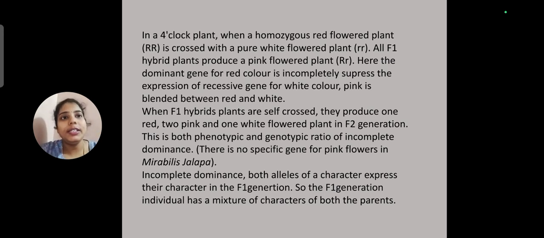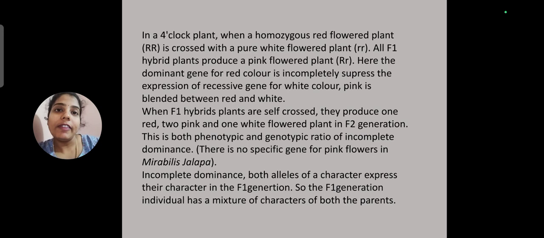The dominant gene for red color incompletely suppresses the expression of the recessive gene for white color. So pink is a blend between red and white. I repeat, the dominant gene for red color incompletely suppresses the expression of the recessive gene for white color, so pink is blended inheritance between red and white.